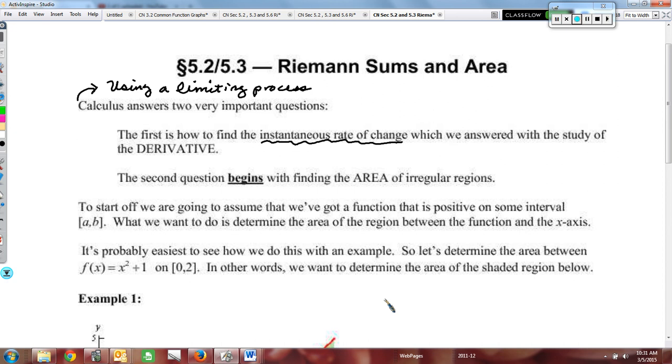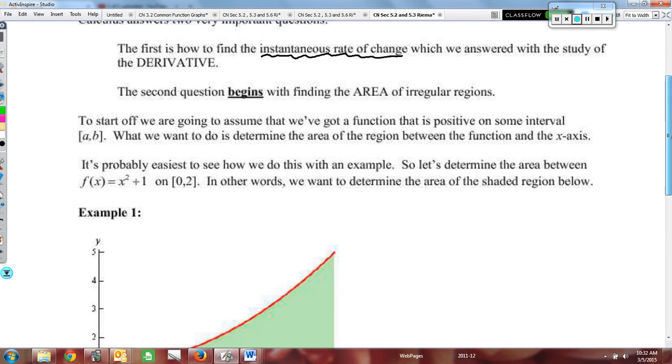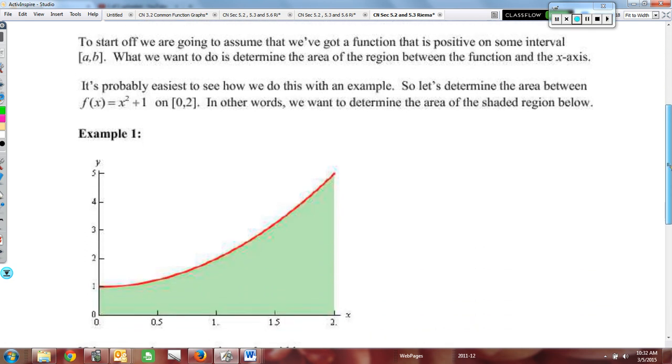Okay, and so now this second question, this idea of developing what we're actually doing here, we're going to start by looking at finding the area of irregular regions. What we mean by that is that instead of having a known geometric figure like a triangle, square, rectangle, or circle, we might be trying to find the area between a curve and the x-axis. I'm trying to find this green area right here, which obviously is not any known figure.